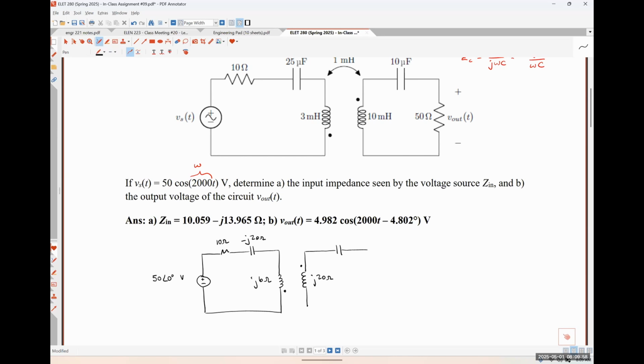For the capacitor, 1 over j times 2000 times 10 times 10 to the minus 6 gives me a negative j50 ohm impedance. My 50 ohm resistor continues to look like a 50 ohm resistor.